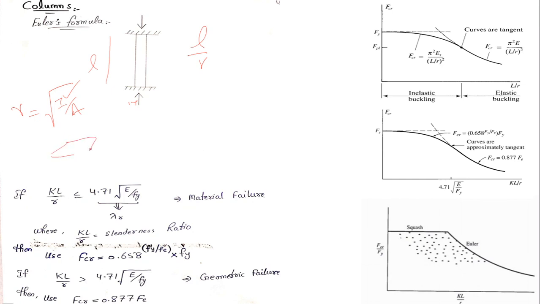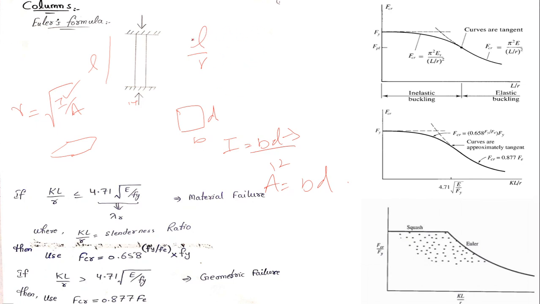For example, for a rectangular section with width b and depth d, I would be b d cubed by 12, and the area is obviously b d. In order to know whether material failure or geometric failure would occur in a column, I have to find the slenderness ratio.